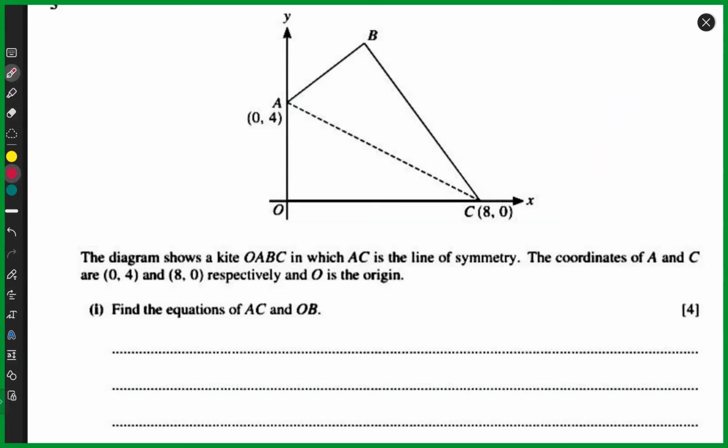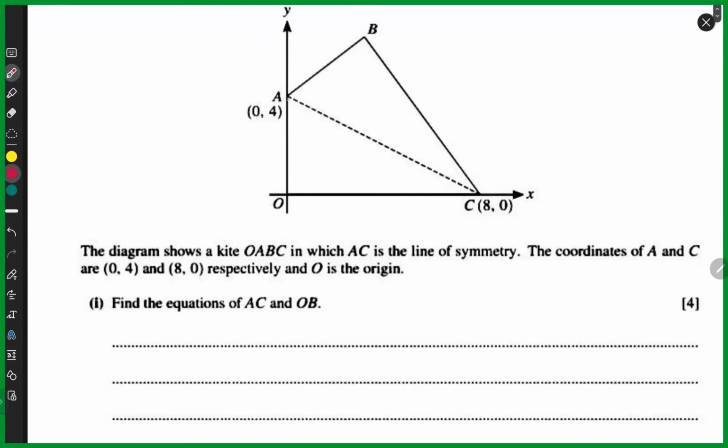So what we can do is, for AC, obviously that's a line, so it's very easy. For the equation of any line, you need a point lying on the line, and you have 2 points, and then you need the gradient, so you can use these 2 points to find the gradient, and then we can easily find the equation.